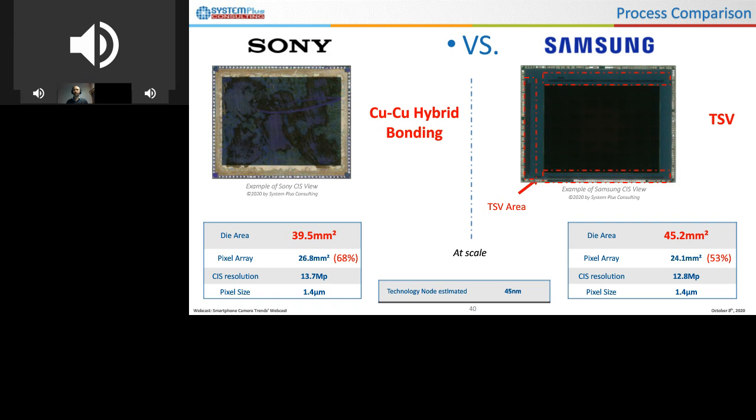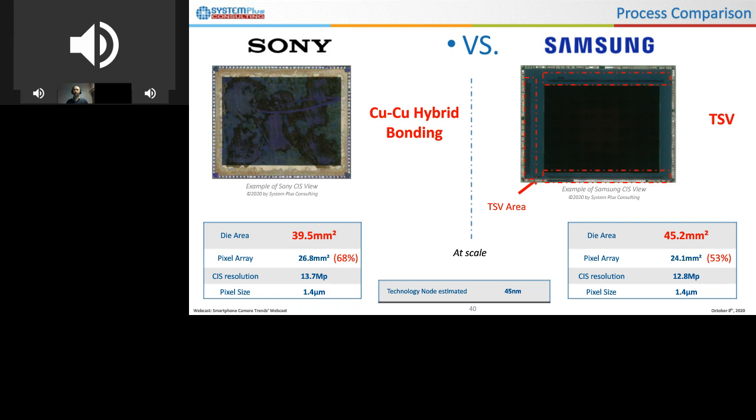The TSV area, which is outside the pixel array, is circled in red. The TSV requires more space. The die area is impacted: we have about 45 square millimeters for the Samsung die against 40 square millimeters for the Sony one.